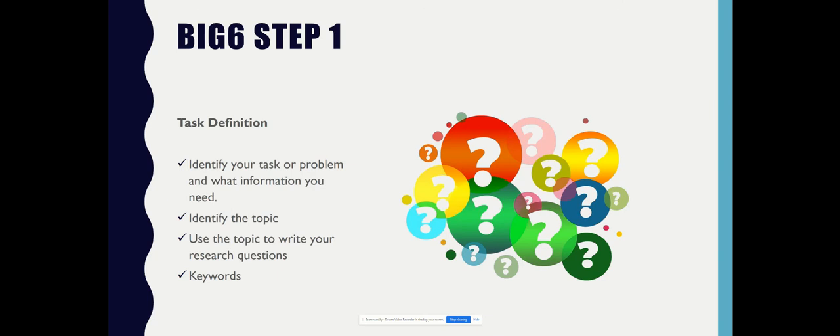You should not be able to answer your research questions with a yes or no answer. You will need to spend time looking at different sources to find the answers to your questions. At this step, it will help you to identify the key words or words you could use to search for information on your topic.